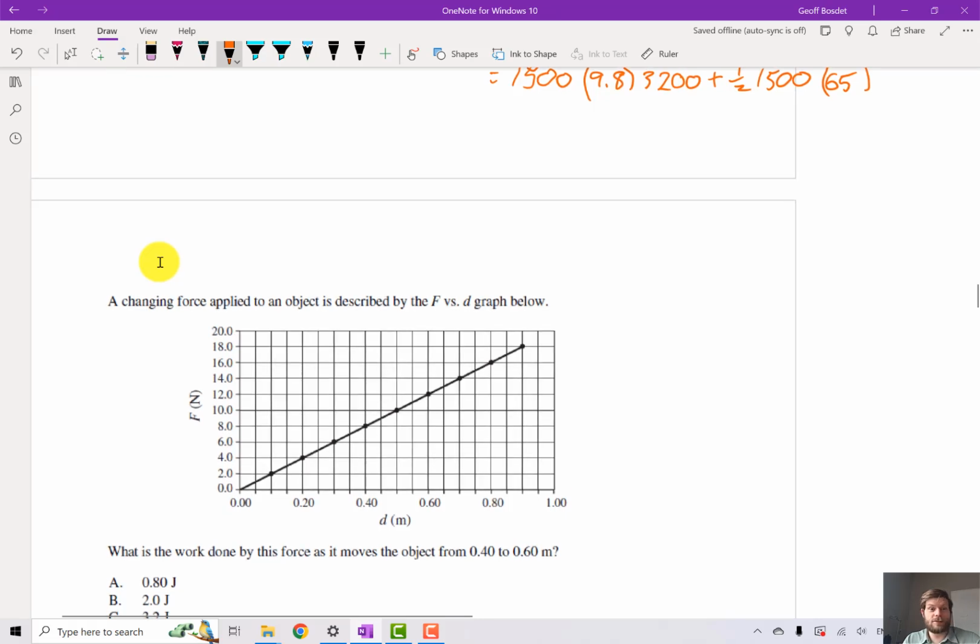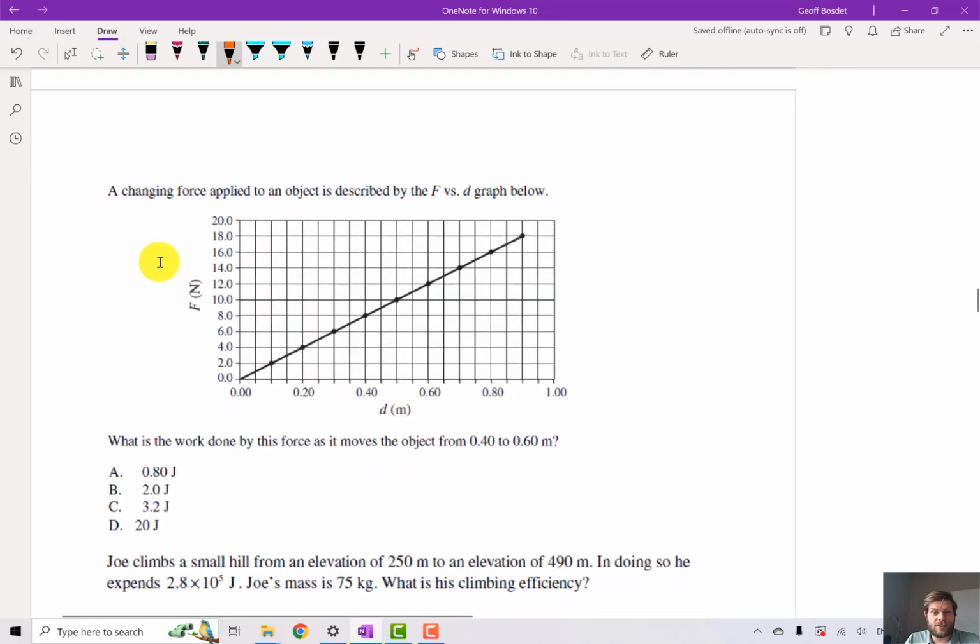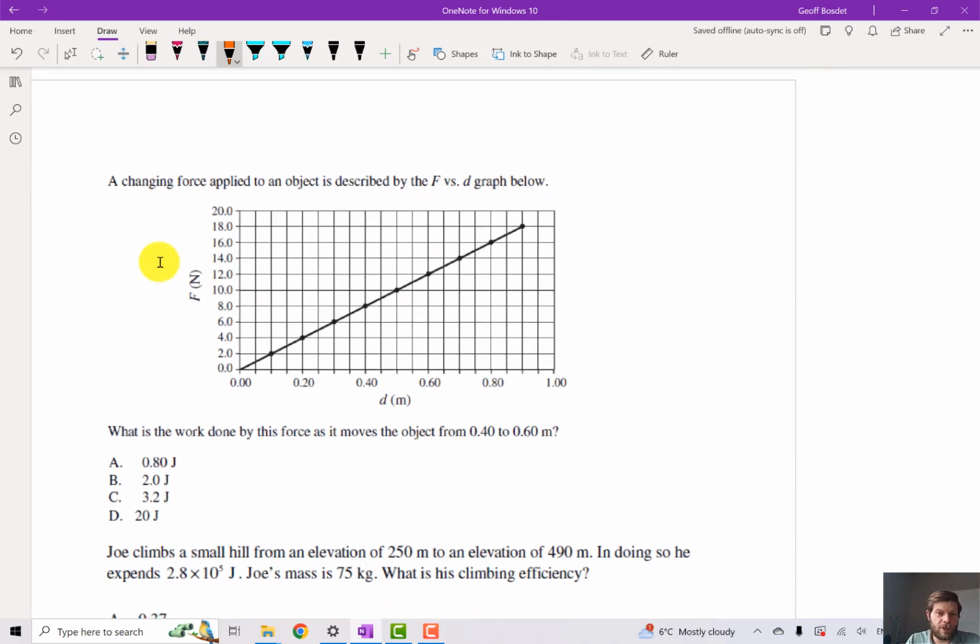Next guy. We got another force distance graph. So we want to find work. Work is force times distance, and so if we got a force distance graph, it's also equal to the area underneath that. And we're interested in the area between 0.4 and 0.6. Middle number between the starting force of 8 and the ending force of 12 is 10.